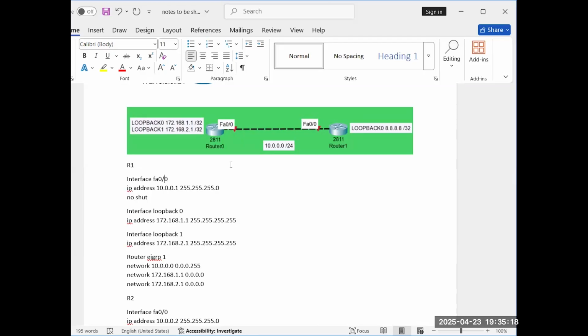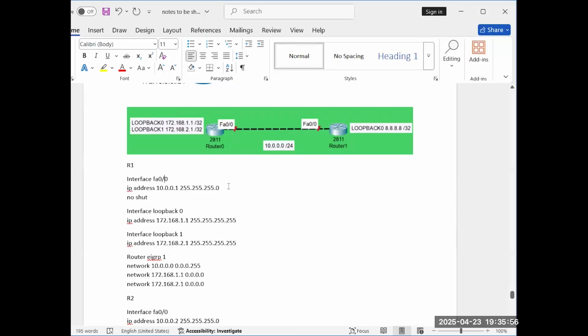This summary route should be added on the WAN interface of the router only, not on the LAN. Sorry, by mistake I mentioned it wrongly. The WAN interface is the interface where the router is connected to the neighbor router directly. The LAN interface is the interface where the router is connected to the switch. So in this diagram, the loopback interfaces are the LAN interface.